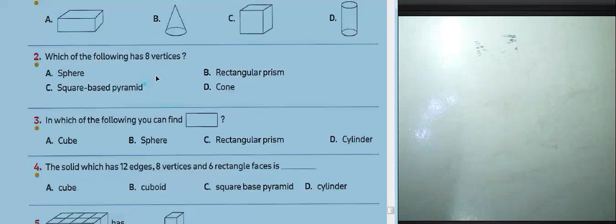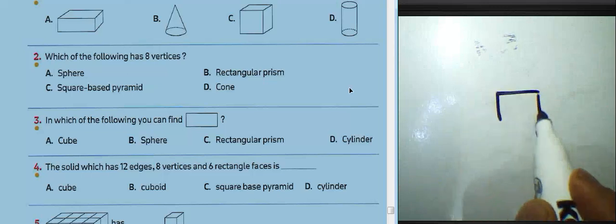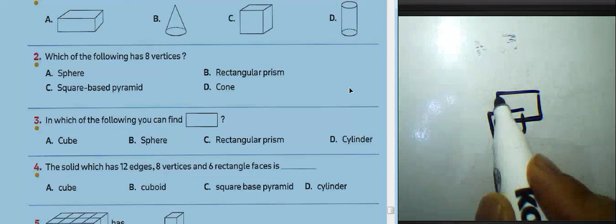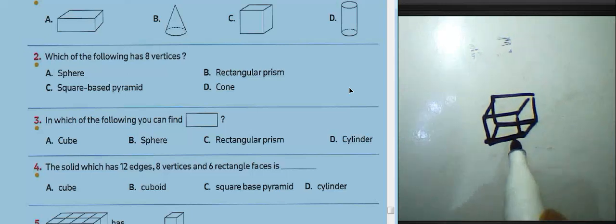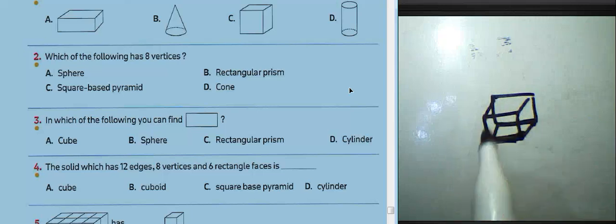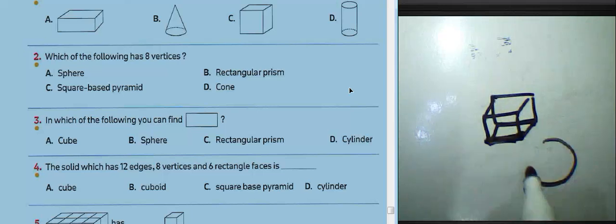Which of the following has 8 vertices? Rectangular prism. We have 8 vertices: 1, 2, 3, 4, 5, 6, 7, 8. And the sphere, we haven't any vertices.